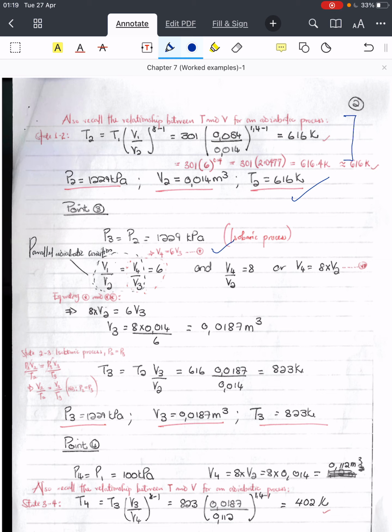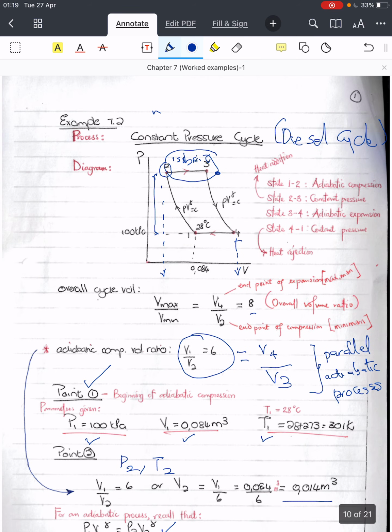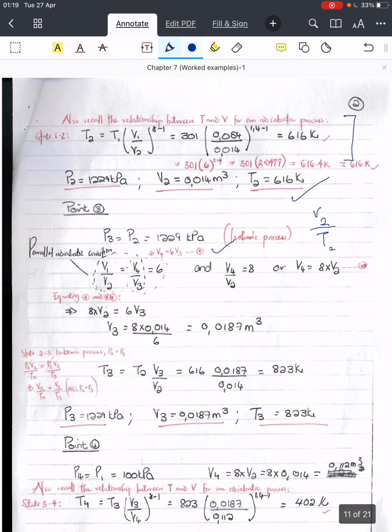So what are we left with? We are left with the volume and temperature. But remember, we've said earlier on that V4 over V3 will also be equal to 6 because they are parallel processes, which we bring in here.